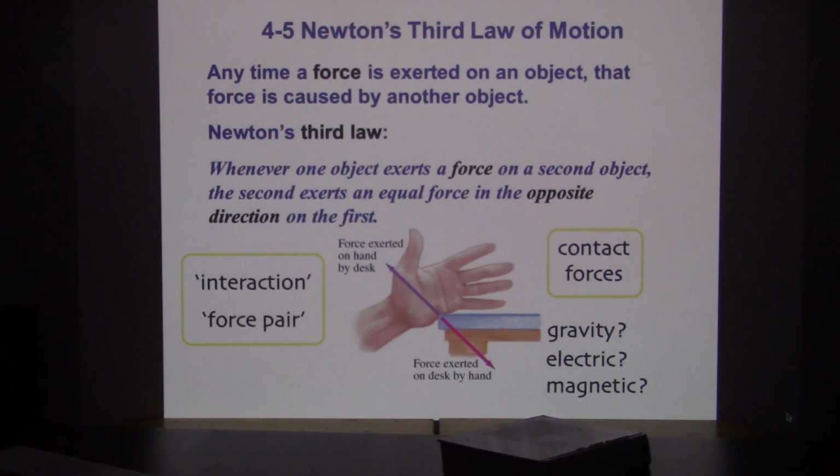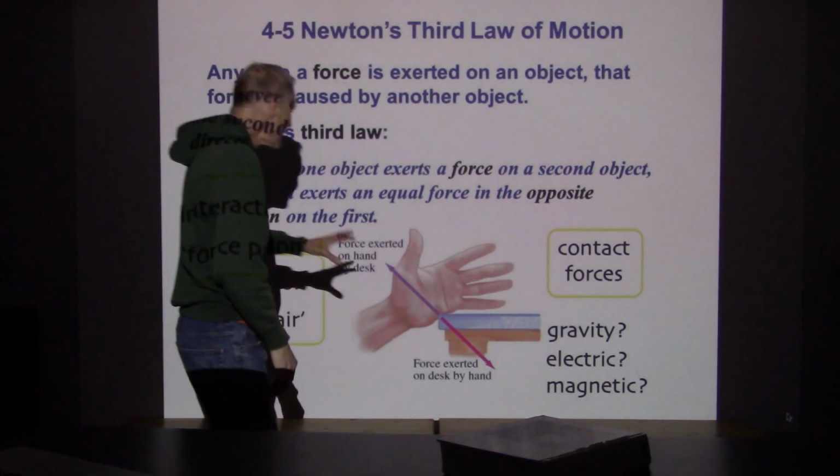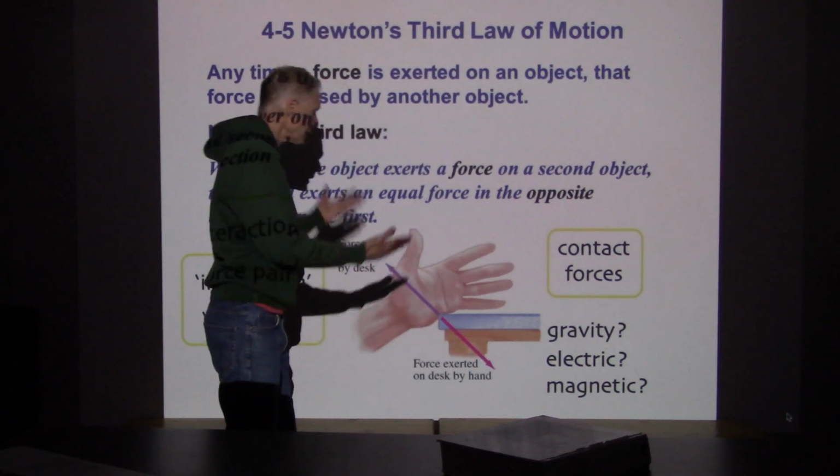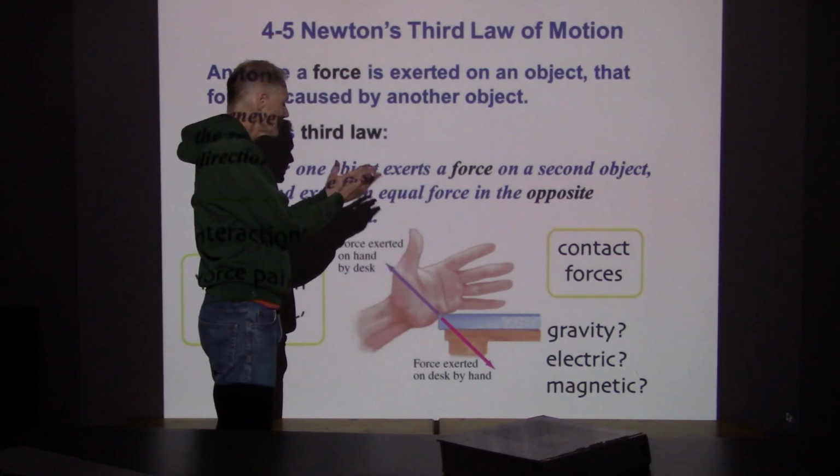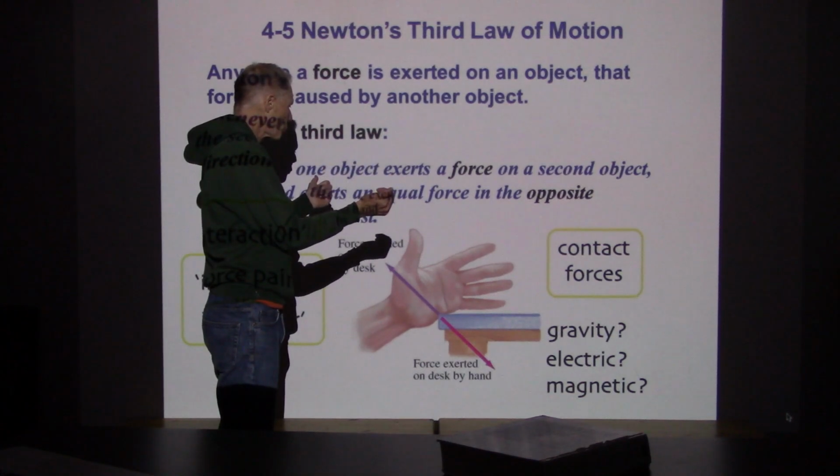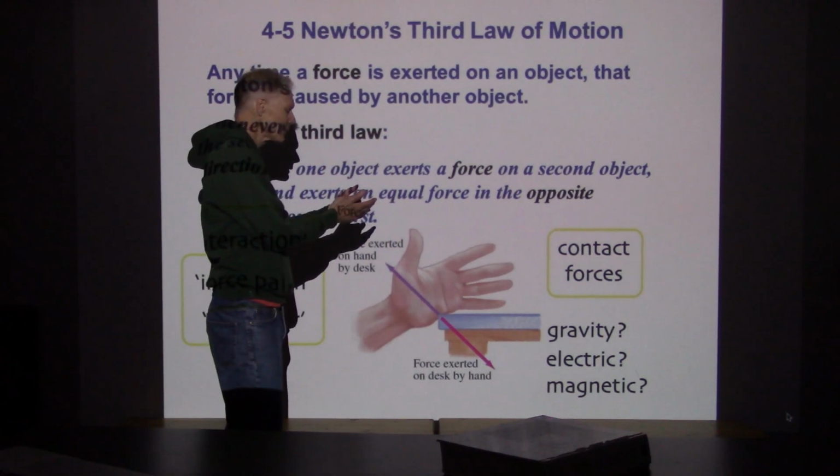So it's kind of interesting to think, well, the third law doesn't quite work, does it? Because for contact forces, this works fine, because when the two objects come into contact, that's simultaneous, they both feel the forces, they're right in direct contact.